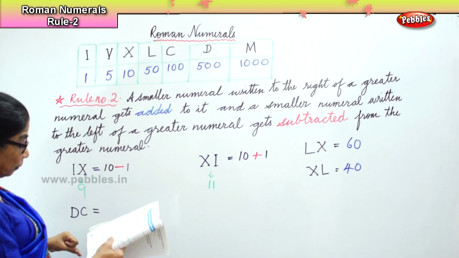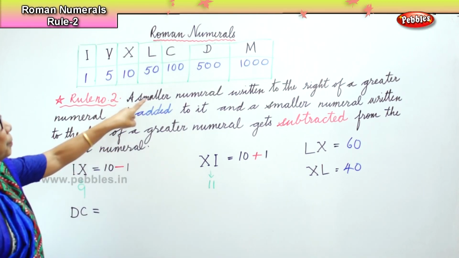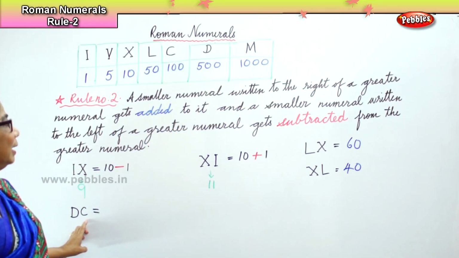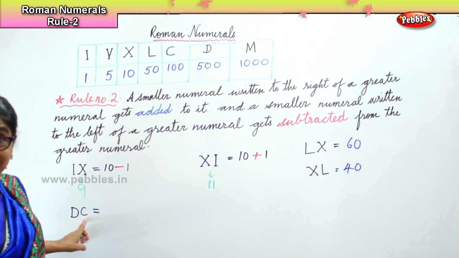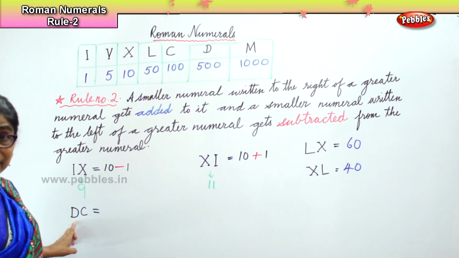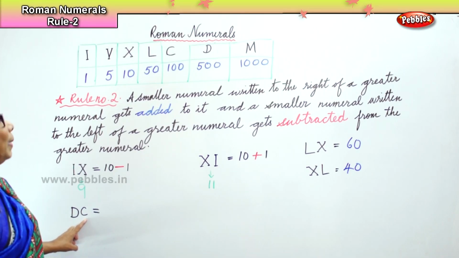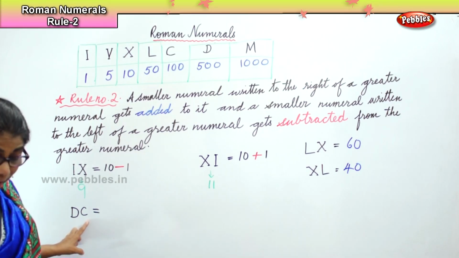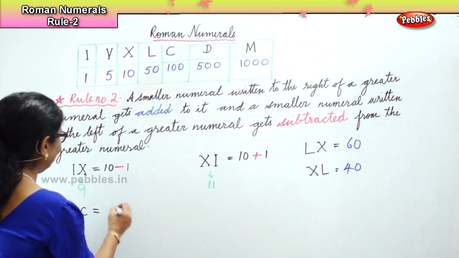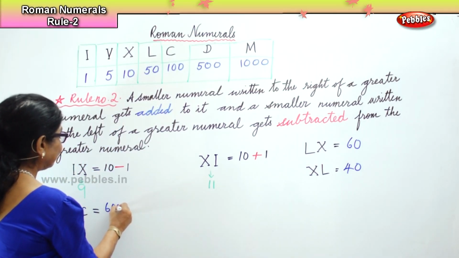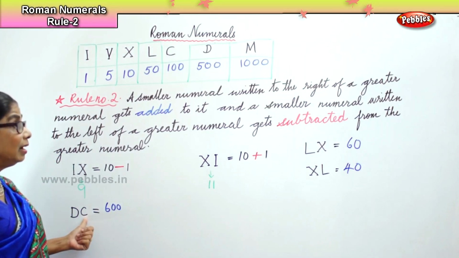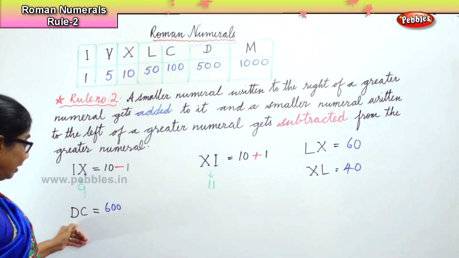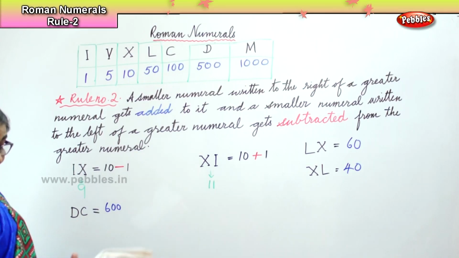A smaller numeral written to the right of the numeral gets added. So D is 500 plus C is 100. So 500 plus 100, that is 600. So this number is 600. A smaller numeral written to the right of the greater numeral gets added. So this is 500 and C is 100, so you get 600.